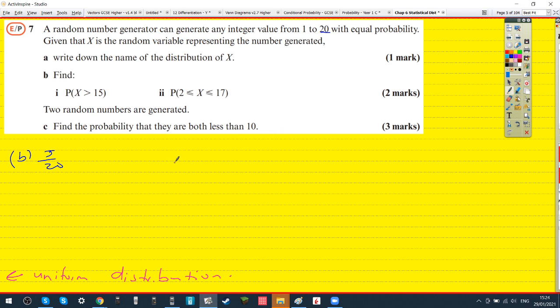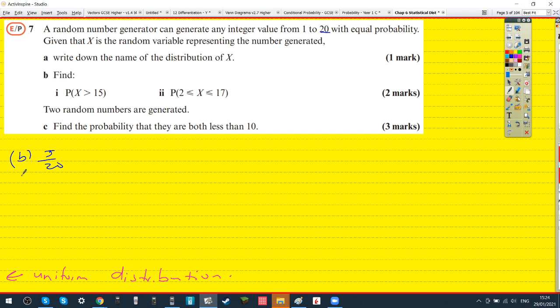Let me see. How would we do question C? Will it just be a quarter? How did you get that?